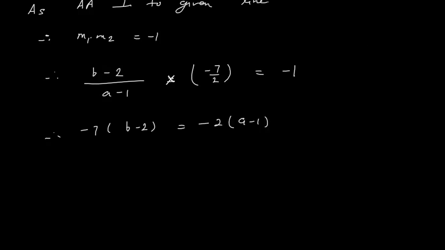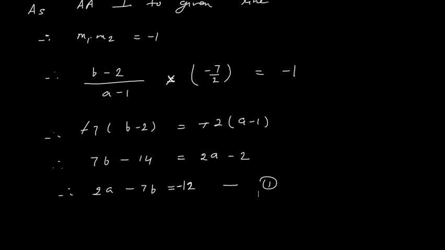So this becomes b minus 2 equal to minus 2a plus 2, that is 2a plus b equal to 4. I will call this equation 1.